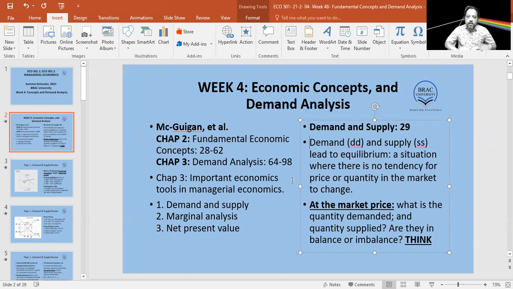Now, demand and supply are just like two sides of a balance, which we've already discussed in week 2. So if this is the demand and this is supply, if demand is heavier, that means the households are willing to pay a higher price. So as the households pay a higher price, supply starts to increase.